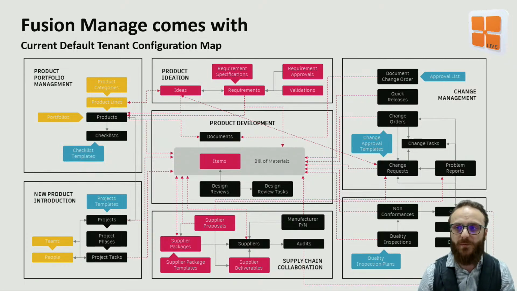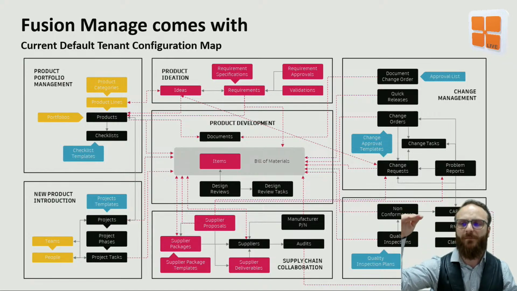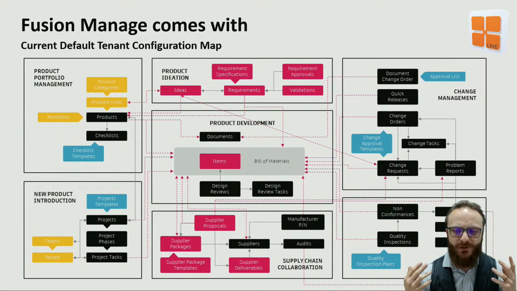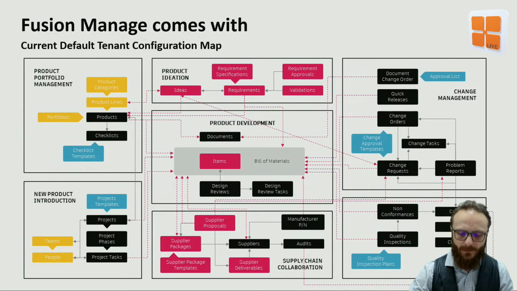And we've got quality management, which gives us a good framework for being able to do things like RMAs, corrective preventative actions, claims in terms of that, non-conformances. We can do site inspections and quality inspections. We've got inspection plans. We can go as far away as saying, we've got this quality inspection plan, therefore this measurement needs to be done, this one needs to be done, this one needs to be done, etc.